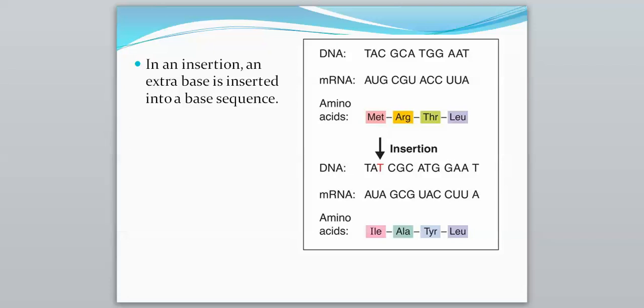Now look, we have one, two, three, four amino acids, and three of the four have changed, and we just have one random letter floating off by itself, which is going to do nothing. That changes our protein completely, and that's bad news when we want our cell to function normally.